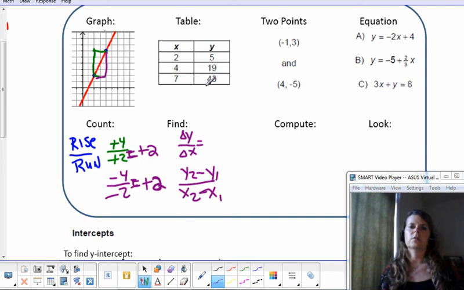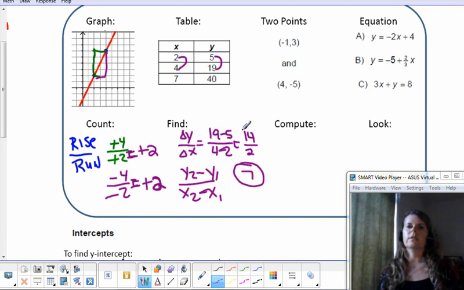So y2, 19, minus 5. You could go the other way, 5 minus 19. It doesn't matter as long as you're consistent. So 19 minus 5 over x2 minus x1, 4 minus 2. So we get 14 over 2. Our slope is 7 for this table.